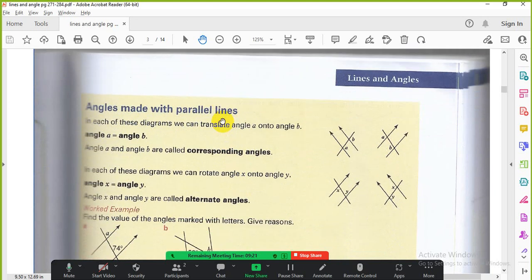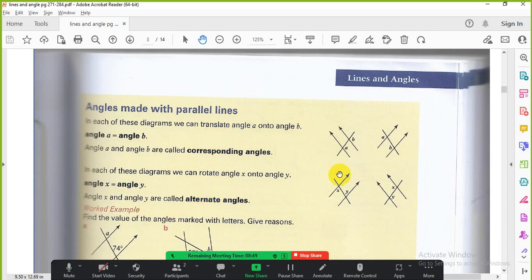So we learnt about parallel lines. Now you can see here corresponding angle and alternate angle.